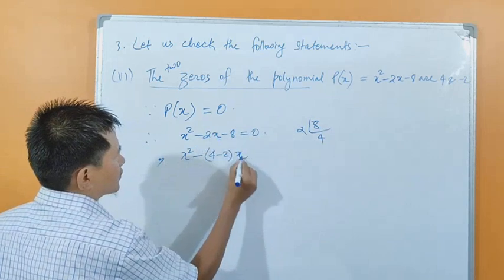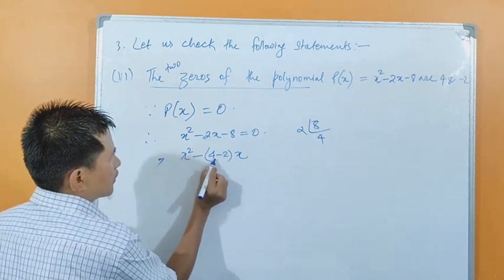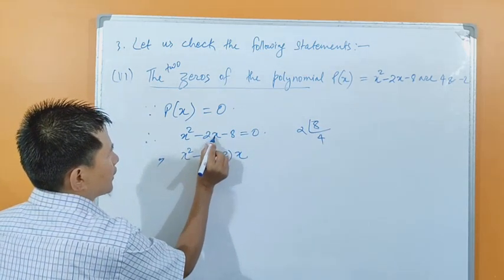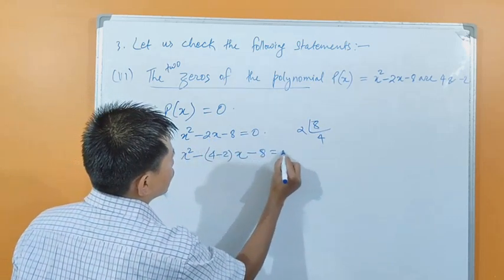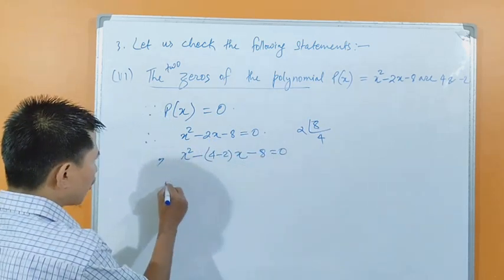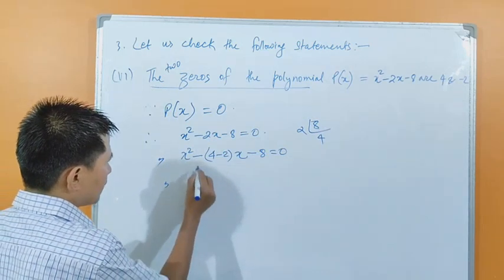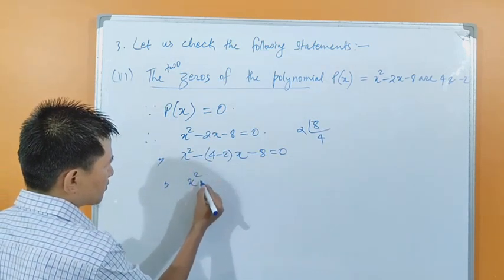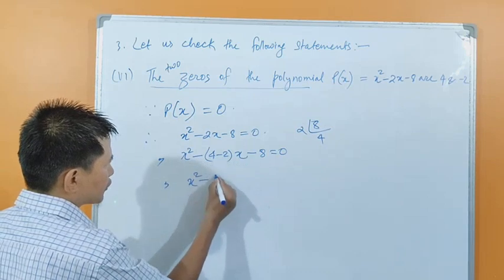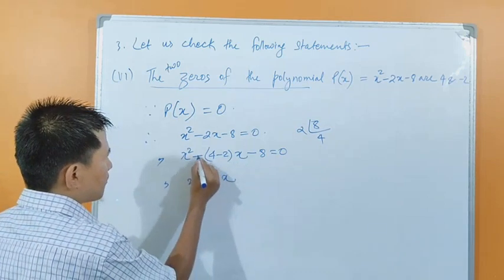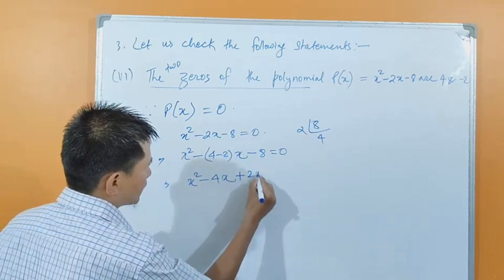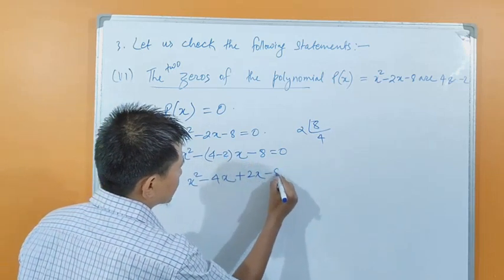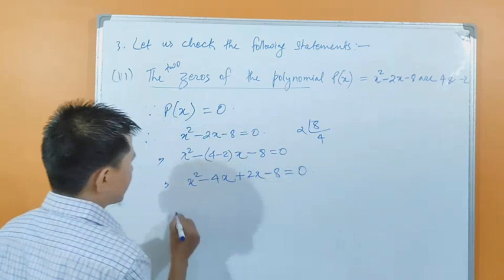This x is here, this 2 is this one, 4 minus 2 is 2, and this x is here, minus 8, equals to 0. Or x square minus into plus is minus, x into 4 is 4x. And minus into minus is plus, x into 2 is 2x. And here remains minus 8 as it is, equals to 0 in the right hand side.